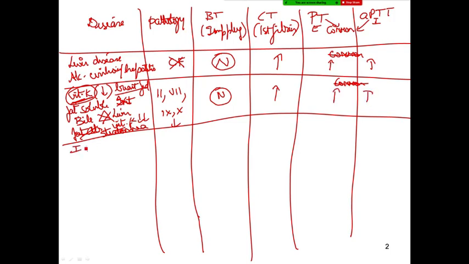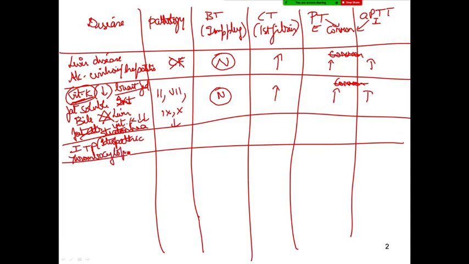What is ITP? Idiopathic thrombocytopenic purpura. The name is self-explanatory. You have a decrease in platelet count. Thrombocytopenia means decrease in platelets. And what is purpura? That's the main clinical feature.